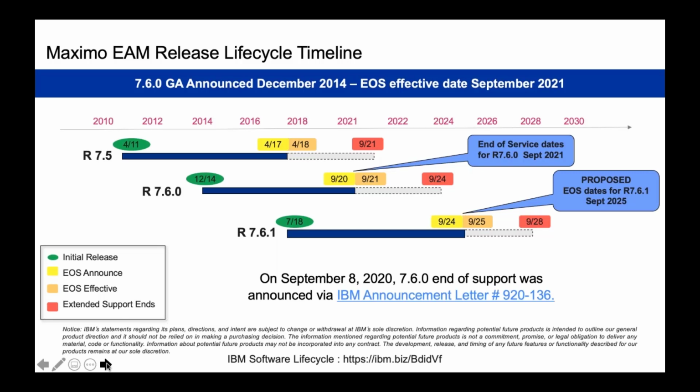We are going to be announcing sometime in 2022 our tentative end of support date for 7.6.1, which is September 2025. So that is something for you to be aware of as you're planning your projects, as you're planning your migration up to the application suite. I just wanted you to be aware of our effective dates around the end of support of our 7.6.1 cycle.